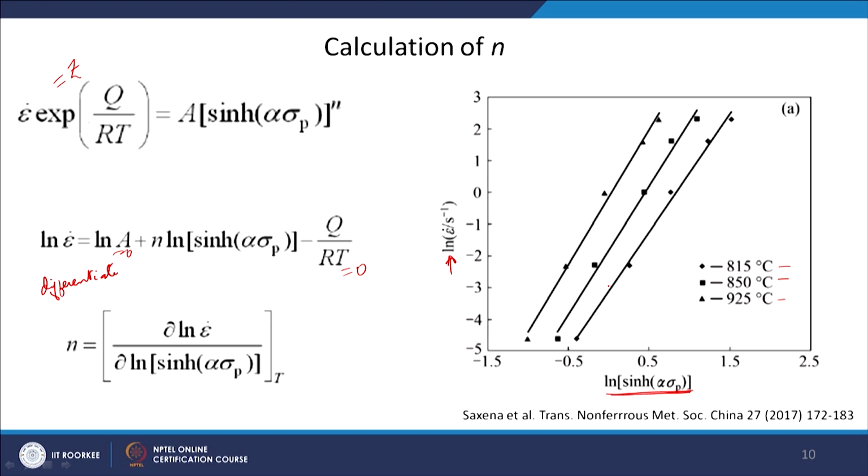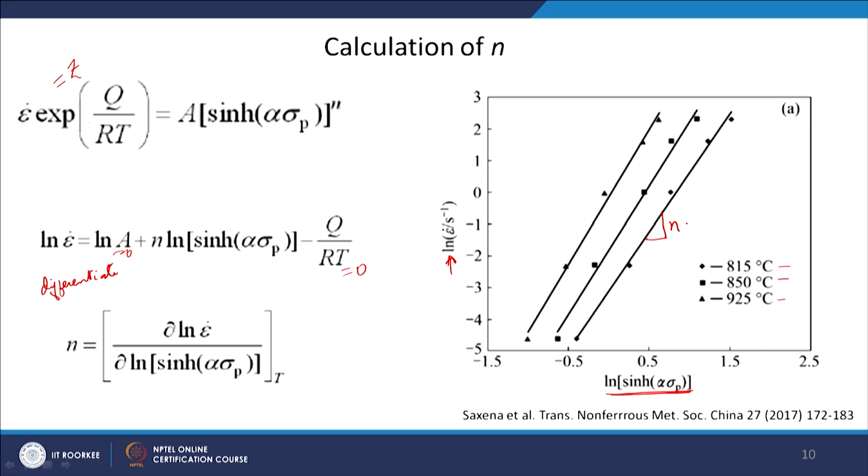So, from the slope of these curves you will be able to find out the stress exponent n. This is how you will do the calculations. That is why I am doing the whole calculation in front of you, so that once you have data you can do all this calculation yourself.